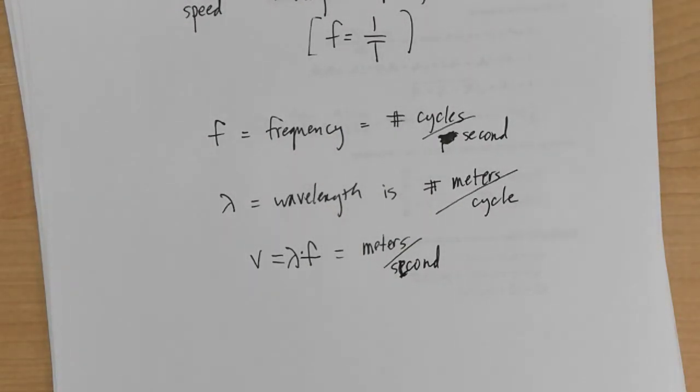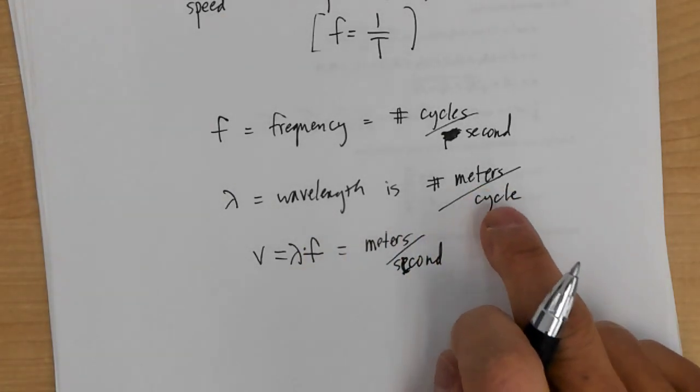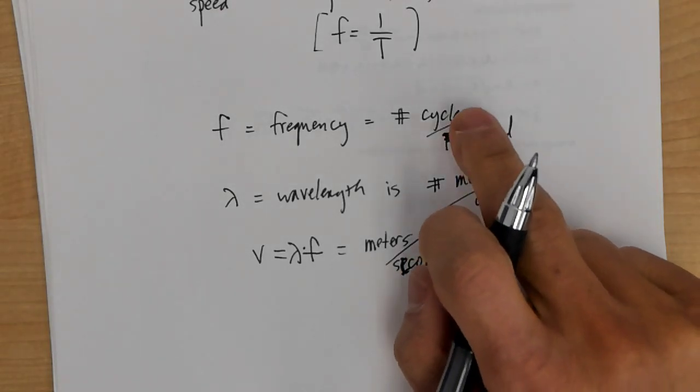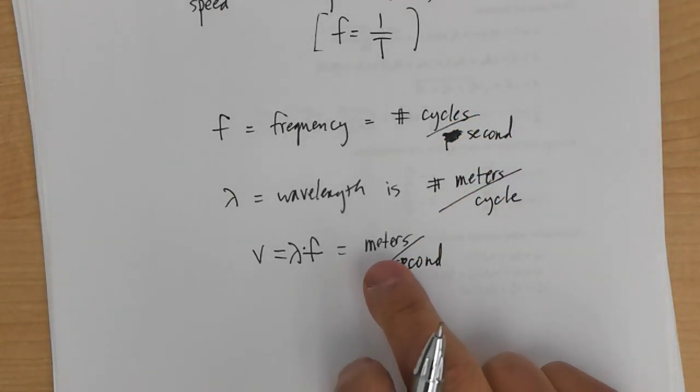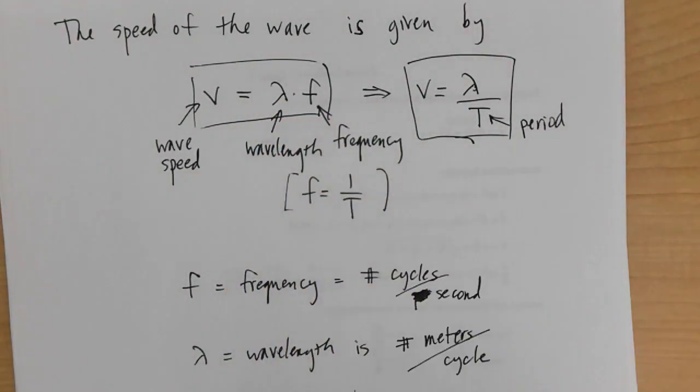That's how I think of the wave speed: multiplying the wavelength, which is the number of meters per cycle, by the number of cycles per second to get the number of meters per second. Okay, so we have these two formulas for the wave speed.